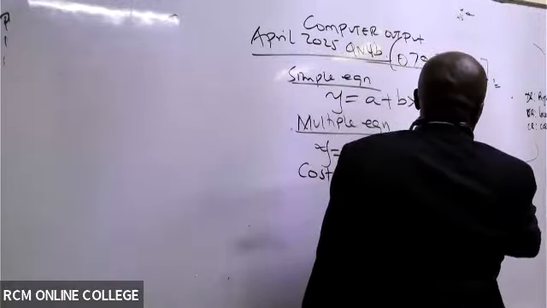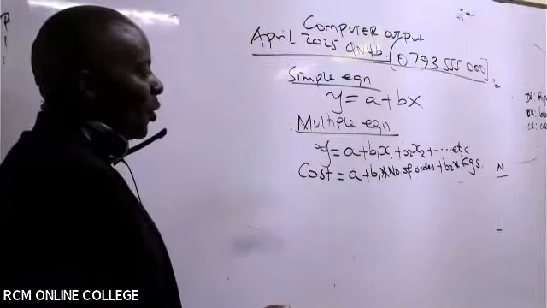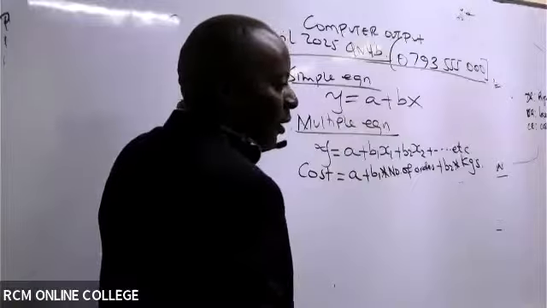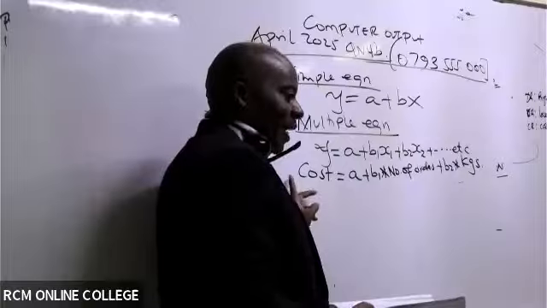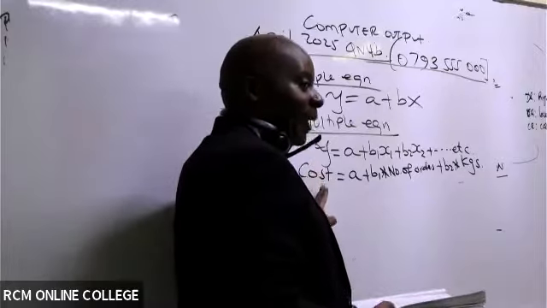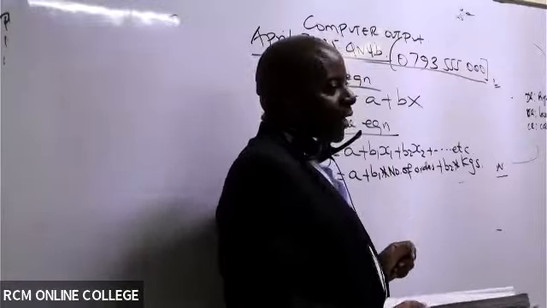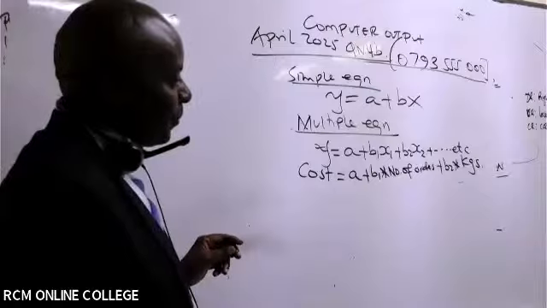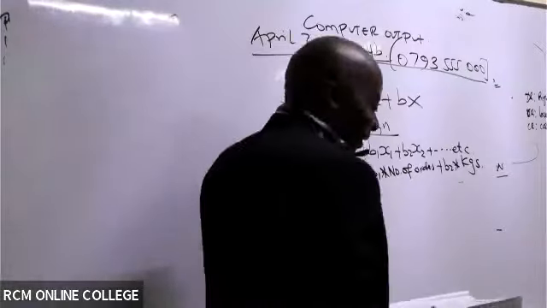I can even just write it in brief like that, times kilograms. So now I'm able to see evidently that I've got two predictor variables. Remember, cost is the dependent variable. So I've got two independent variables. We also call them predictor variables. I just want you to understand the whole scenario.